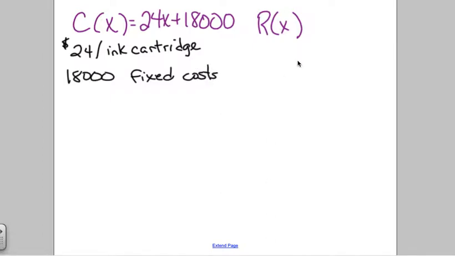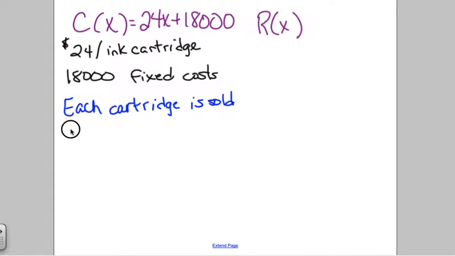Now, revenue is how much I'm making on each item. So what if it tells me that each cartridge is sold for $32. So what would happen here?